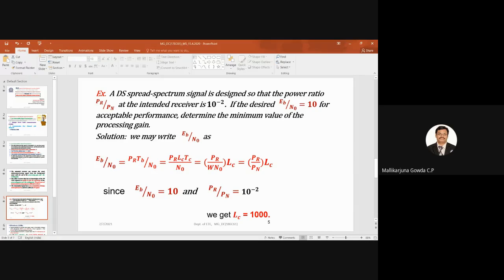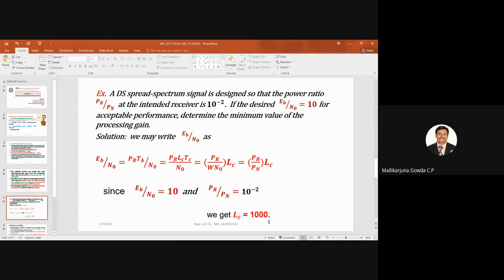Yeah, thank you. So hope people have understood the question. Here, what is given: a direct sequence spread spectrum signal is designed so that the power ratio PR by PN, right? PR is the average received signal power.